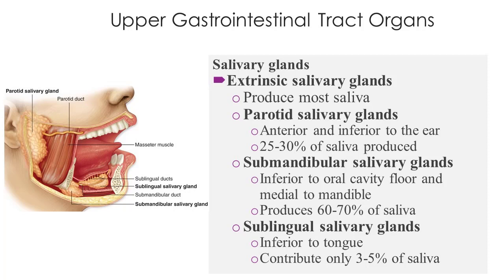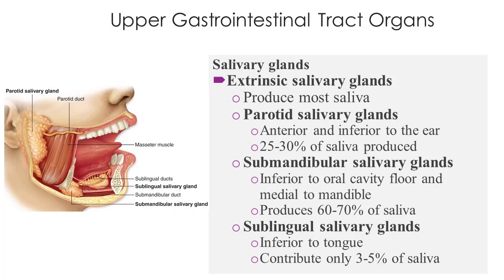Now, another important one are the submandibular glands. You see this location here, just underneath our mandible. That one is not as large as the parotid, but it does twice the work. It's going to produce the bulk of the remainder of our saliva, the submandibular gland.